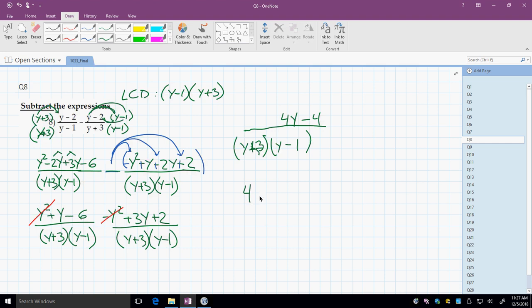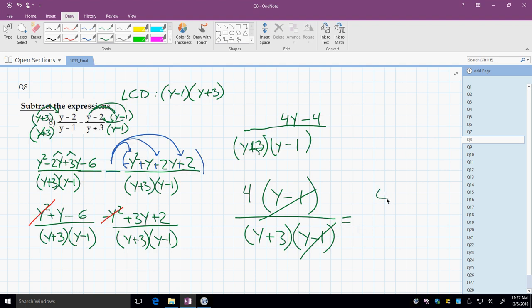On the top we have a 4 as a common factor. So that is going to give me 4 times y, which is 4y, and 4 times negative 1, which is negative 4. All this is over y plus 3, y minus 1. These two are going to cancel, and your final answer is going to be 4 over y plus 3.